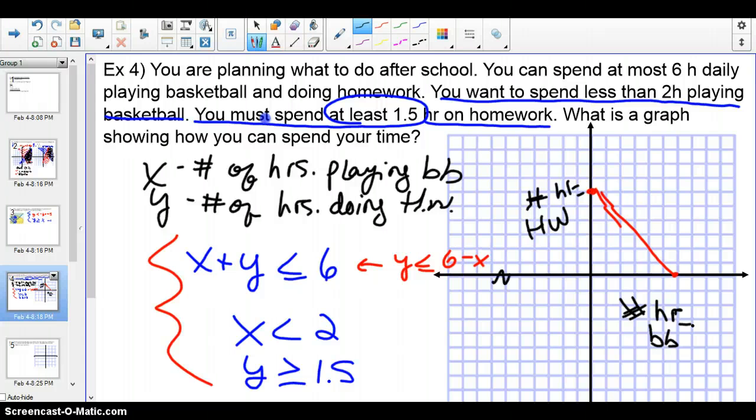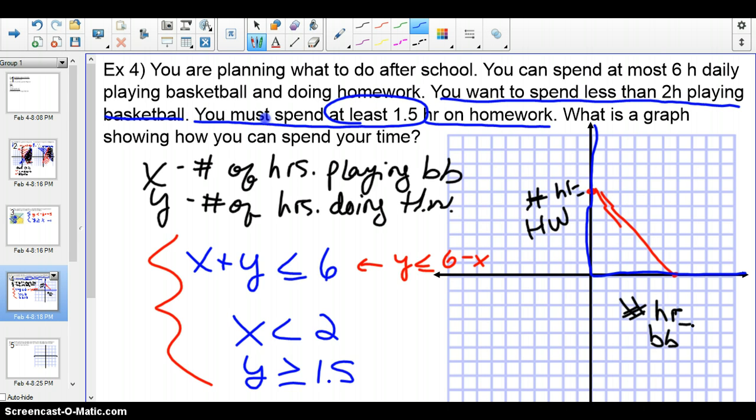Does it make sense to have anything over here or down here? It actually doesn't, because it doesn't make sense to have negative numbers of hours. So I'm just going to limit myself to this first quadrant. That's going to help you get a nice picture.